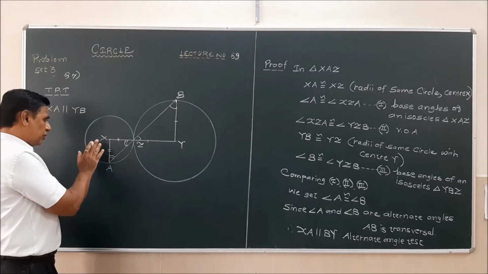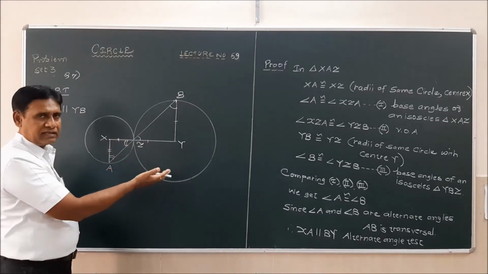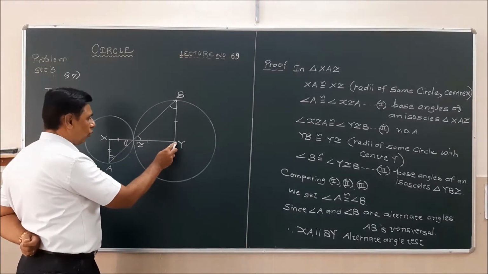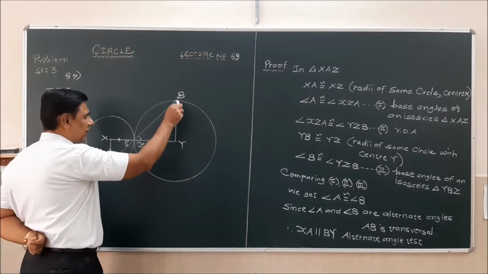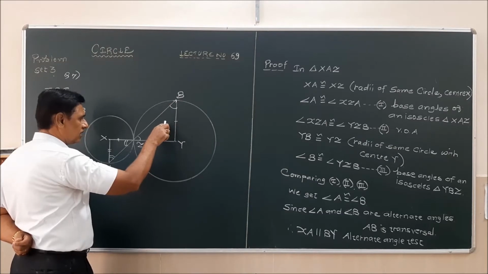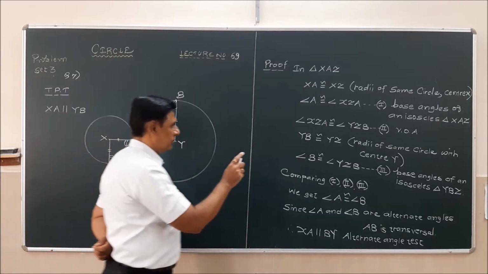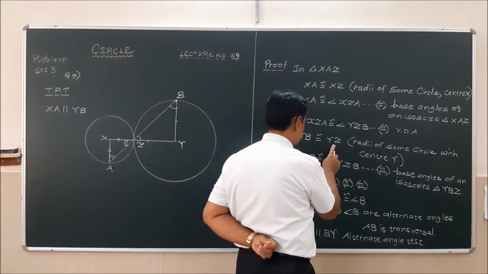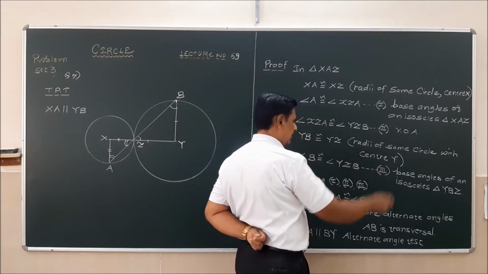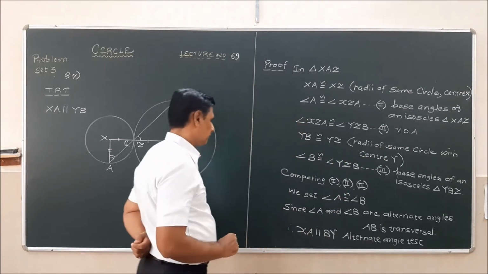So as we have proved this side, in the same manner this side, YZ and YB are radii of the circle with center Y. YB is congruent to YZ, radii of same circle with center Y.